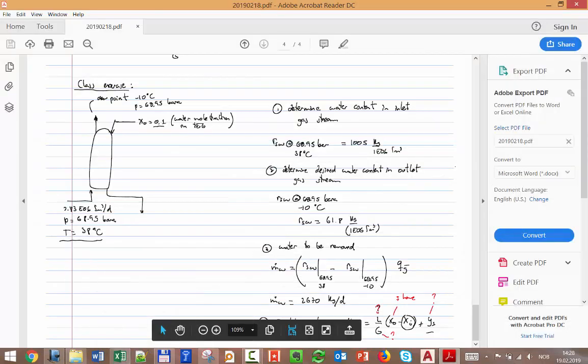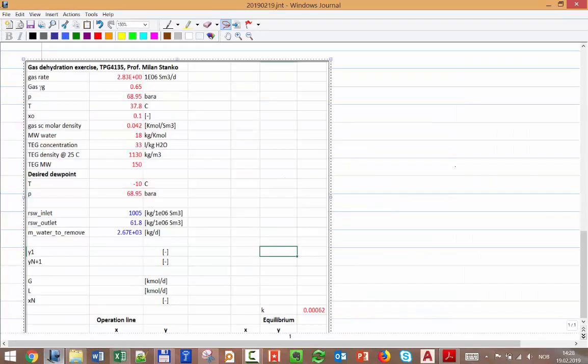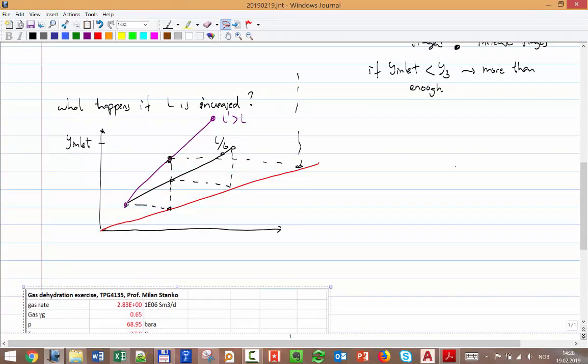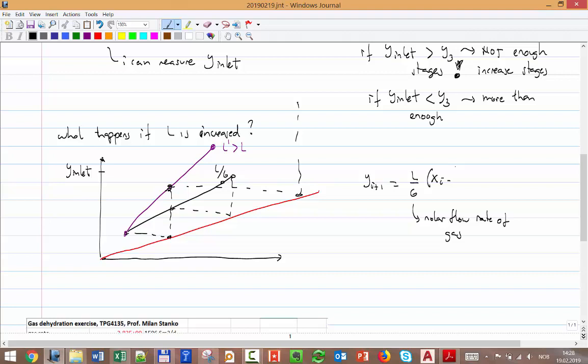Now, the next thing is to know the number of trays. We have to build the two lines that we were discussing. We have to build the operation line and we have to build the equilibrium line. For the operation line, we said we have this equation: y(i+1) equals L over G, G being the molar flow rate of gas, times (xi minus x0).